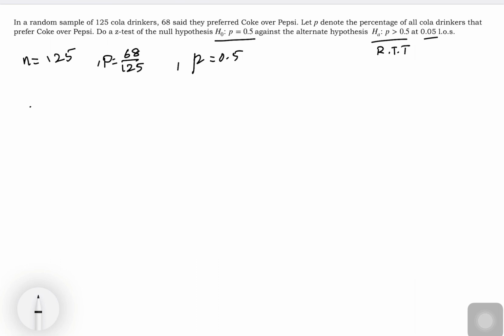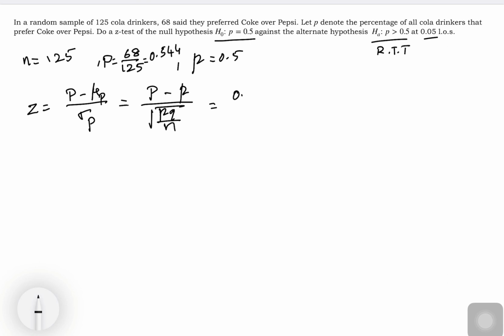So now our Z will be equal to capital P minus mu P over sigma P, which is given as capital P minus small p, because mu P is equal to p, over square root of p q divided by n. So this will be 68 by 125, which is approximately 0.544.